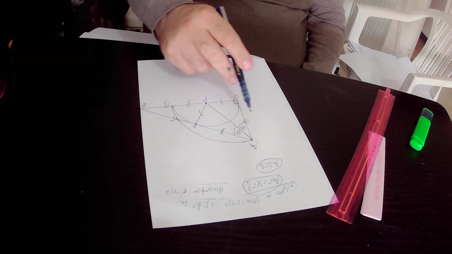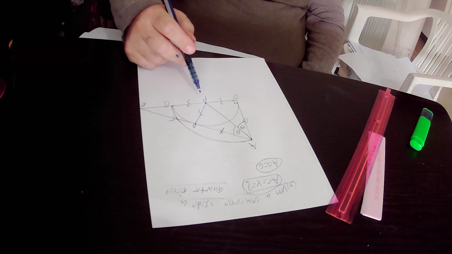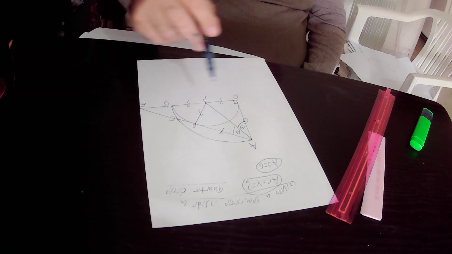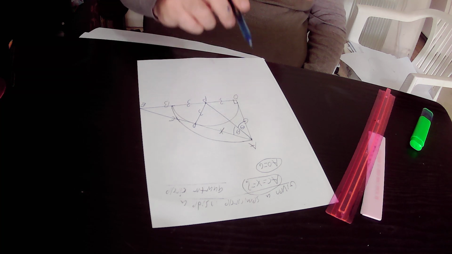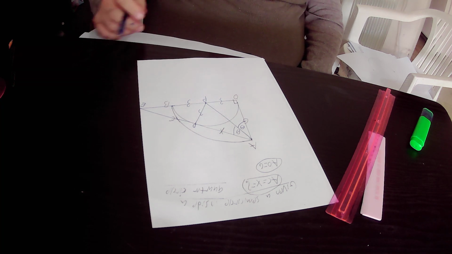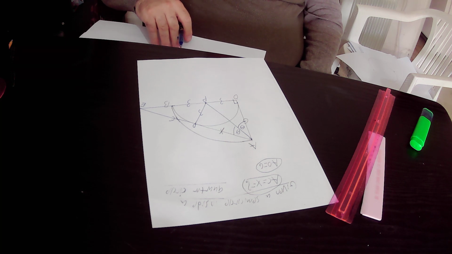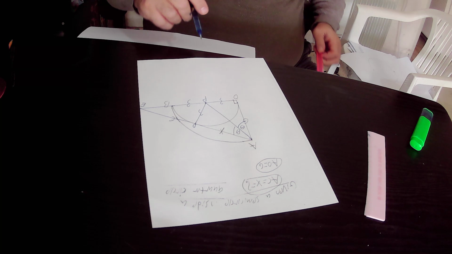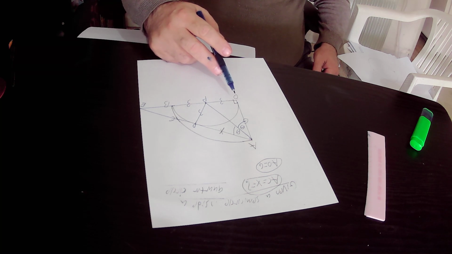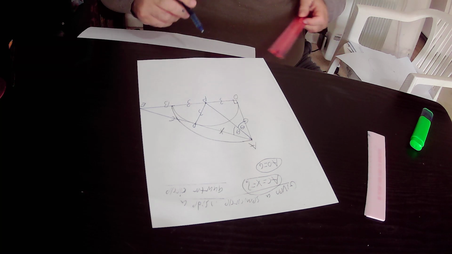The angle bisector AP bisects the angle into two halves. The first half is theta and the second half also equals theta. We will implement the angle bisector theorem in the right triangle AOE.